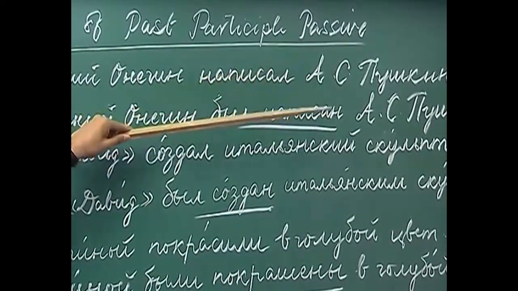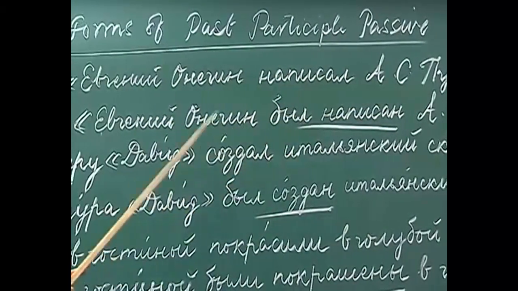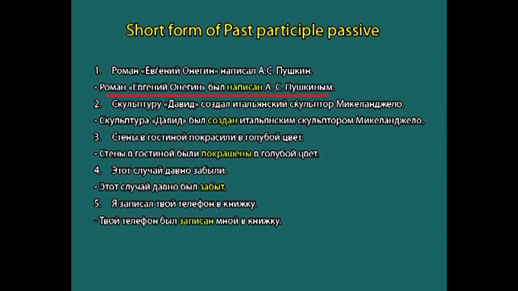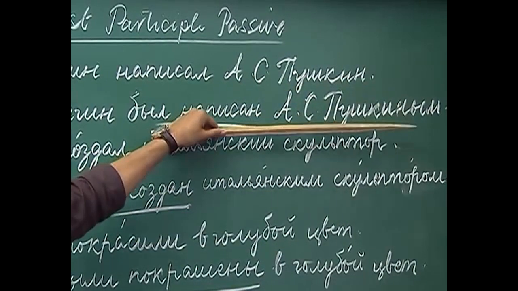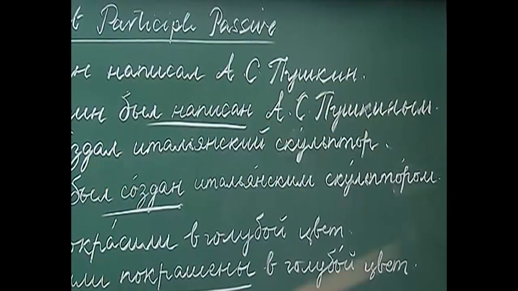From napisanni we form napisan, which is the short form, and we are using it to change the active construction into passive. Pushkin you have to change into the instrumental case because it is the performer of the action.